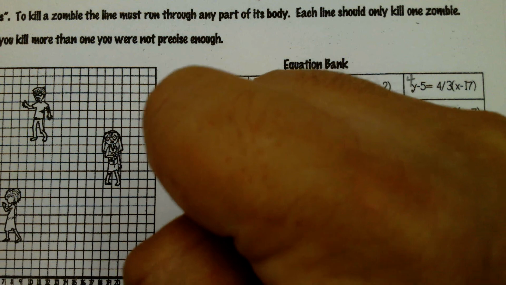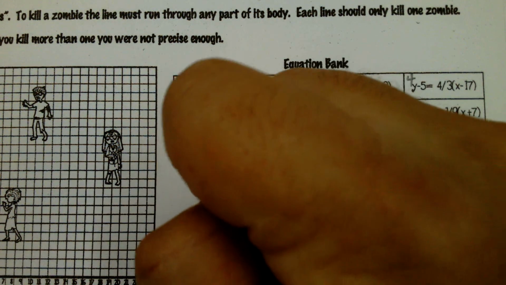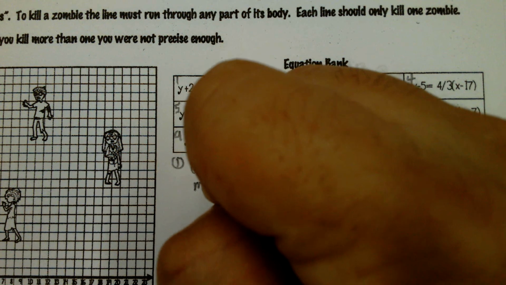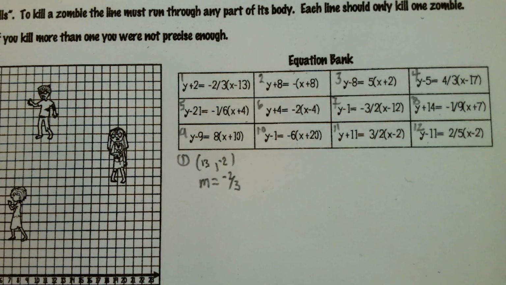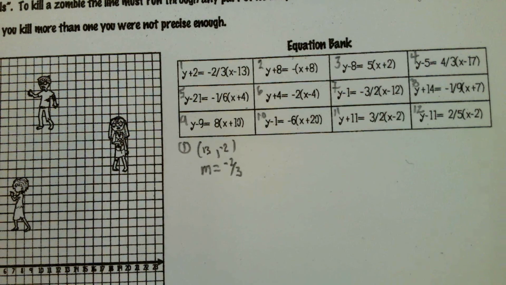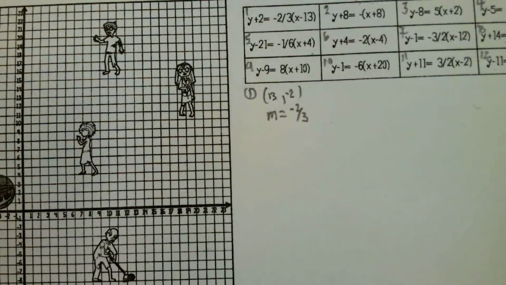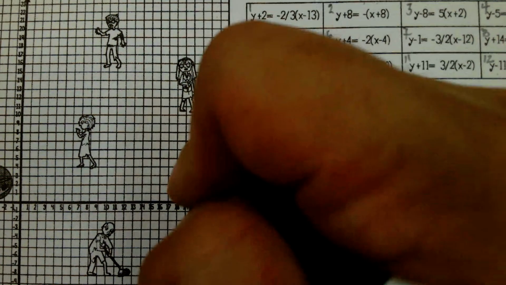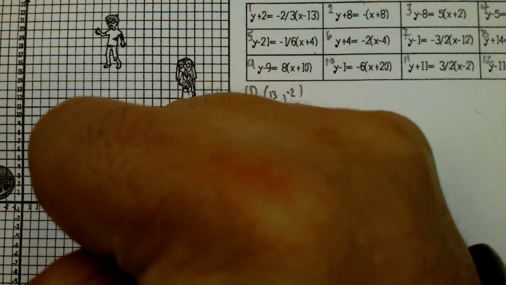And then the slope is going to be negative 2/3. Okay? So now we're going to look for that point and then apply that slope. So we want positive 13 and negative 2. Okay, so 13 is here, and then go down 2.